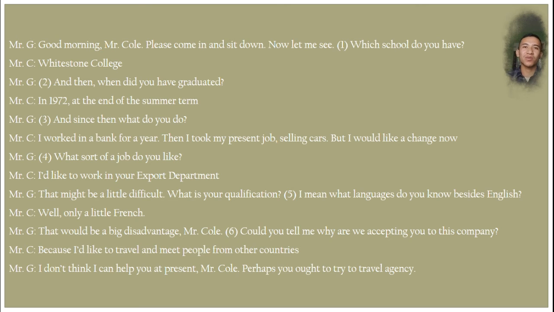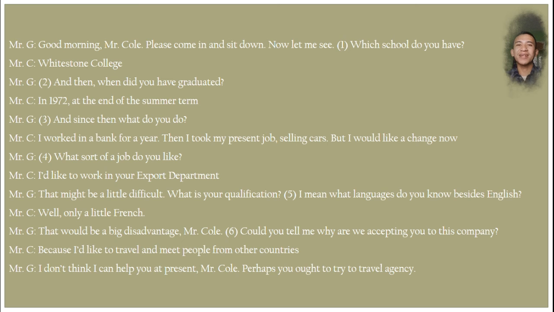Now Mr. Gilbert asked Mr. Cole, what sort of a job would you like? Mr. Cole said, I'd like to work in your export department. Mr. Gilbert asked, that might be a little difficult. What are your qualifications? I mean, what languages do you know besides English? Mr. Cole said, well, only a little French.